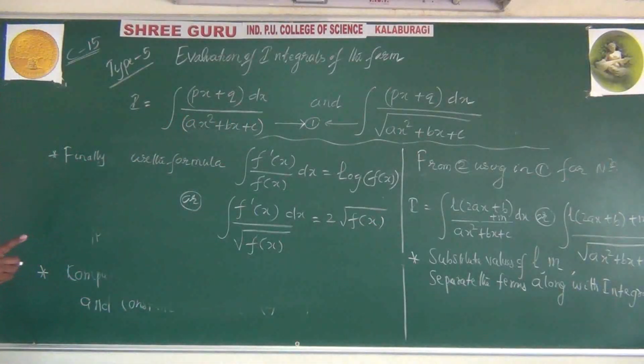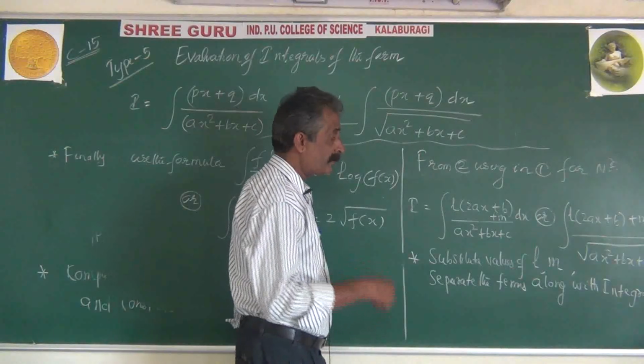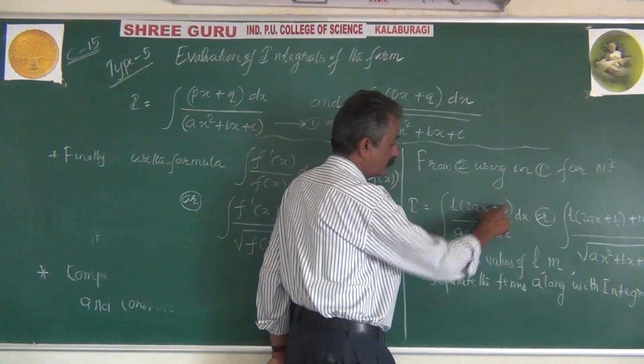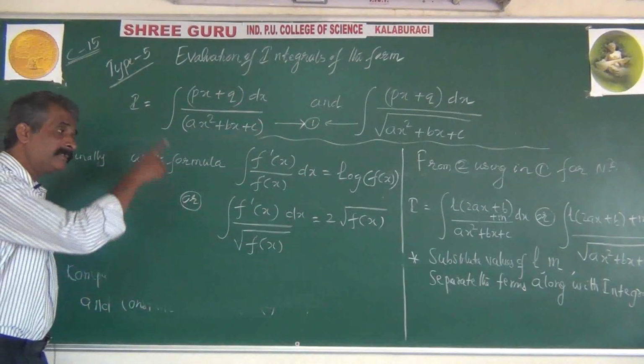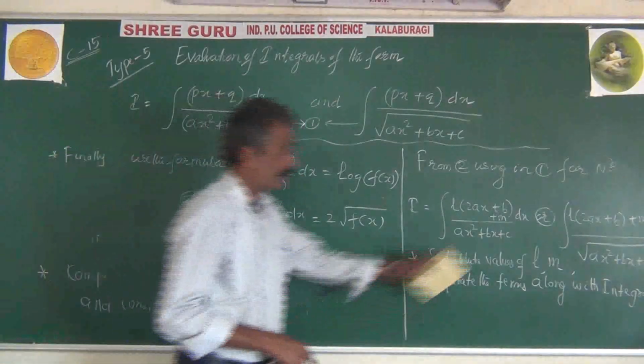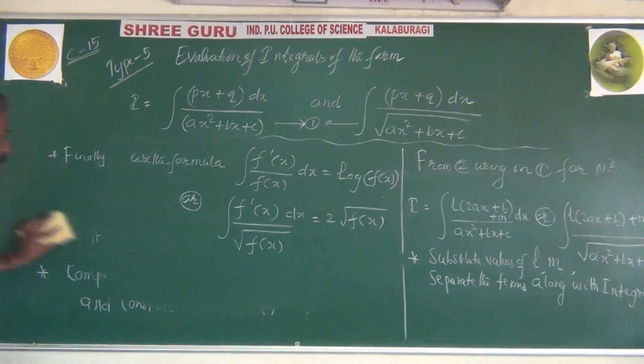This is for the first part of separation. The first part of separation becomes L into 2ax plus b by ax square plus bx plus c, or with root; for that, use these formulas. Whereas for the second separated part, you apply the type 4 method.